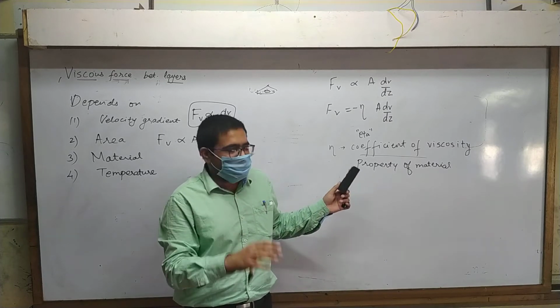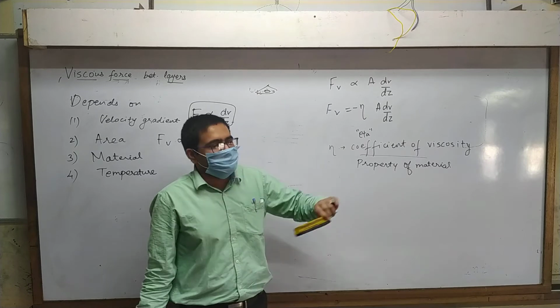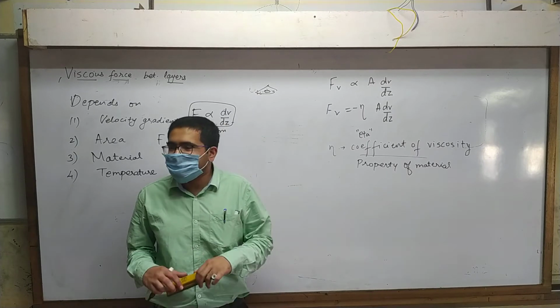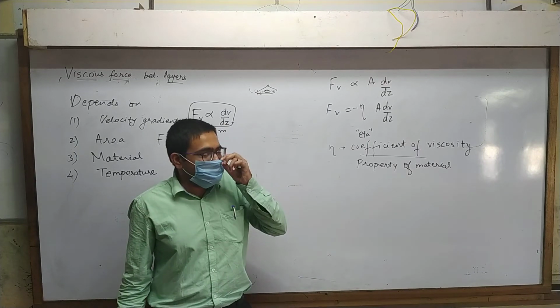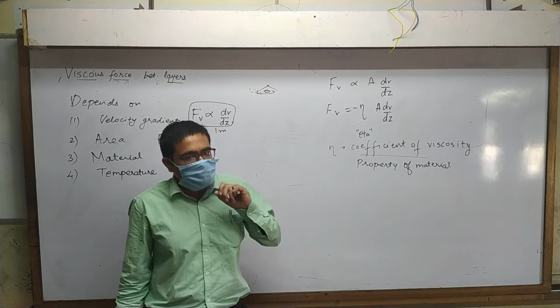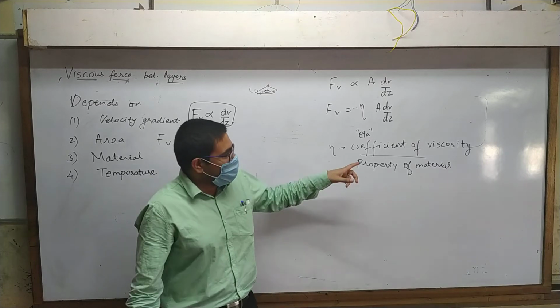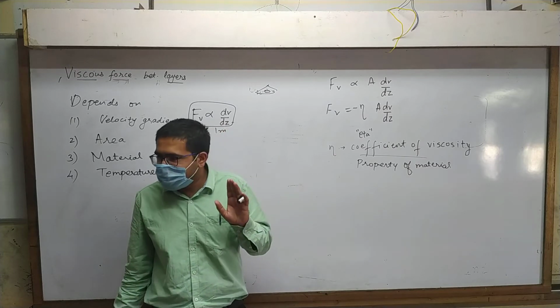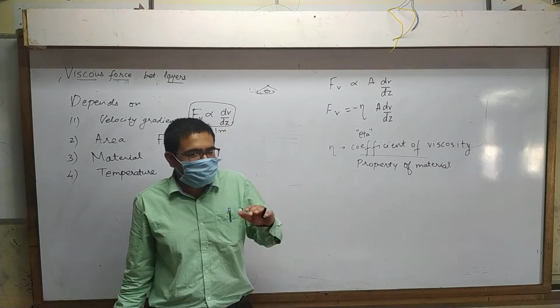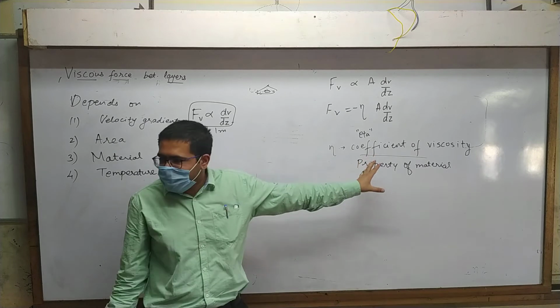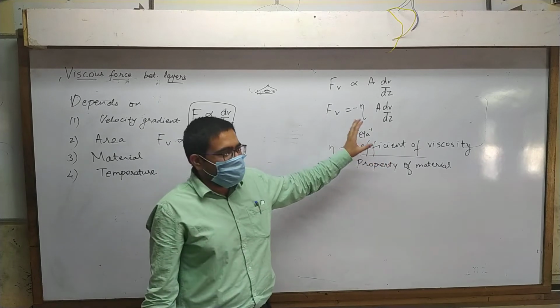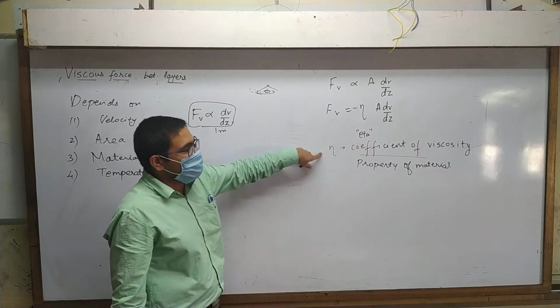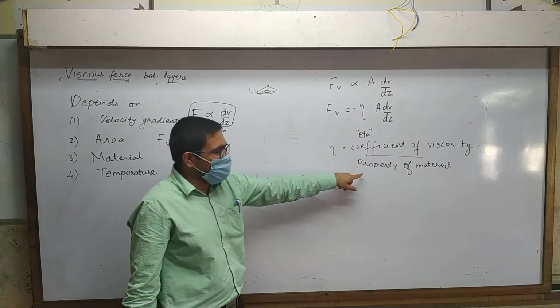One more thing: this eta itself depends on temperature. That is, as temperature changes, for every material, the value of eta will change. Now, how does it change, whether it increases or decreases, we are going to talk about. So, for every material, the value of eta is different, so it's a property of material.